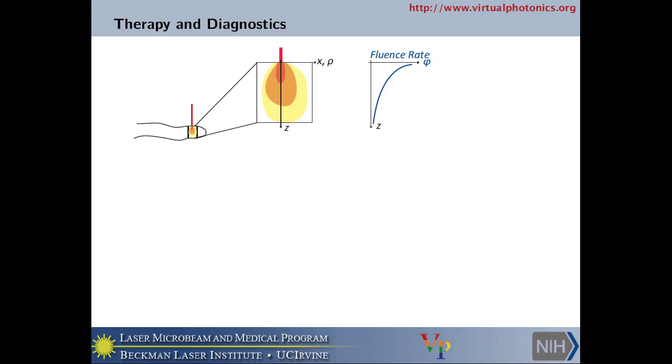This color map diagrams the regions where there are a lot of photons impinging at a particular location versus areas where there are fewer photons. The rate at which photons are traveling from or to any given point is given by the fluence rate. This is kind of a power per unit area at any location. And generally, you're going to have some decay of this fluence rate phi within that tissue.